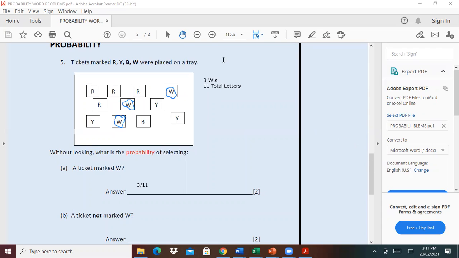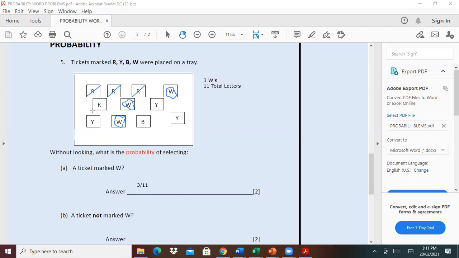Part B says, a ticket not marked W. So what's not a W on here? Basically, it's everything else, right? So this is not a W. This is not a W. Now we can do this an easier way, right?